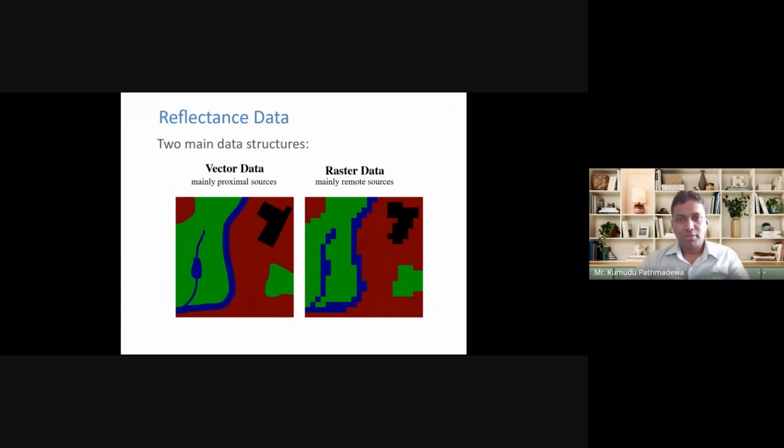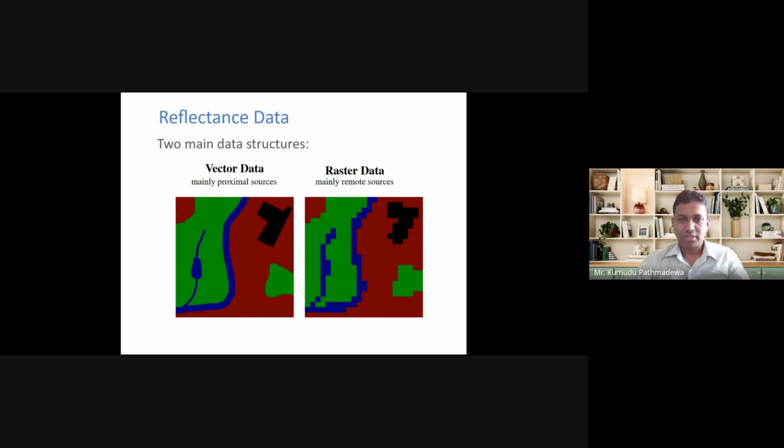Raster data is grid-based imagery, such as satellite photos, where each pixel carries a value. Vector data, on the other hand, uses point, line, and polygon to represent discrete features like buildings, roads, and boundaries. So we discussed this in the last lecture also.